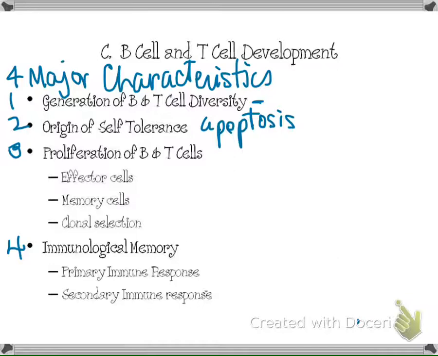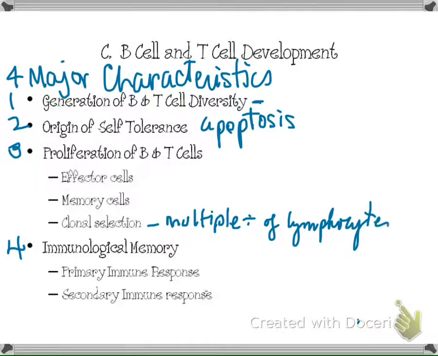Once activated, your B or T cell undergoes multiple divisions. The proliferation of lymphocytes is called clonal selection.